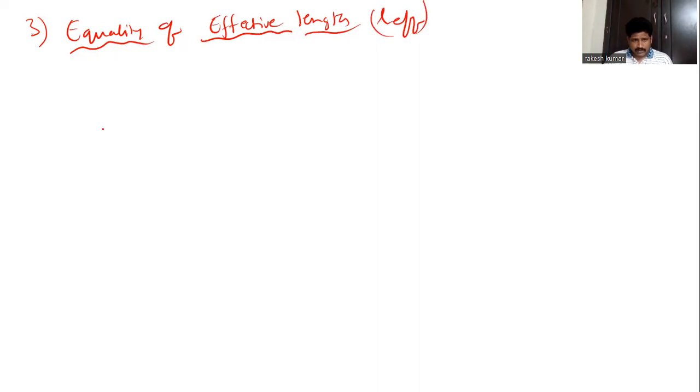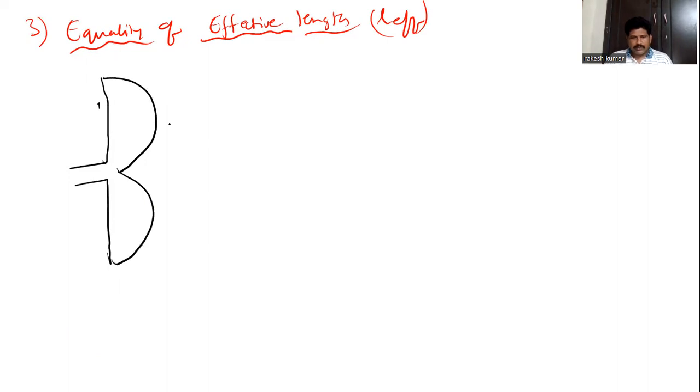For example, let us take a half wave dipole. The radiation pattern is like this. This is my radiation pattern, and this is my I naught.